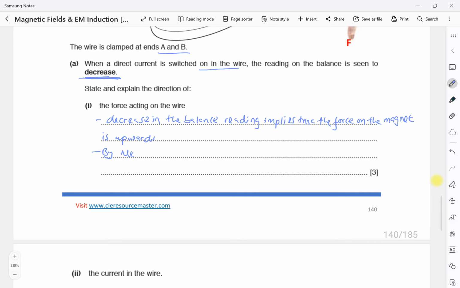By Newton's third law, the force on the wire due to the magnet, the force acting on the wire, must be equal but opposite to the force acting on the magnet.